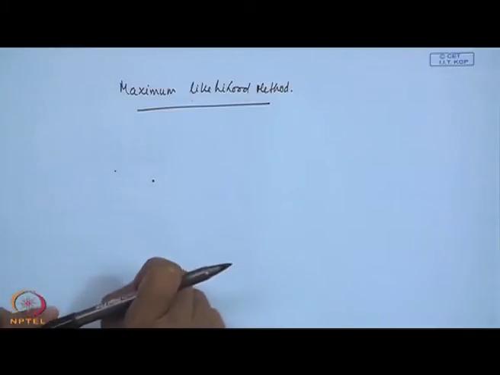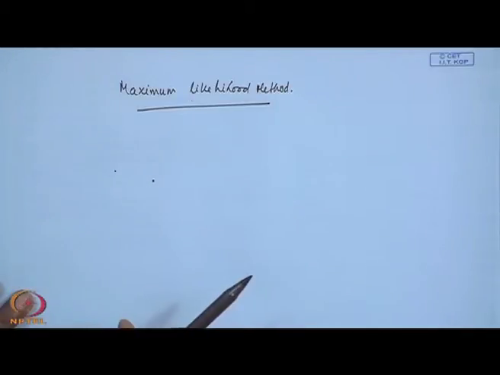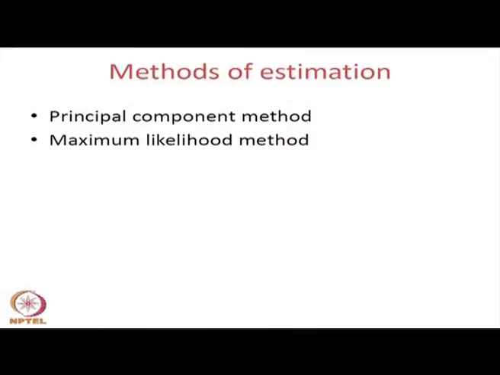What is required is that you have to find the likelihood function, and getting the likelihood function is not an easy thing, but you have to find it. So see what we have discussed here: the principal component method and principal factor analysis, which are related to principal component analysis. Then there is maximum likelihood estimation.